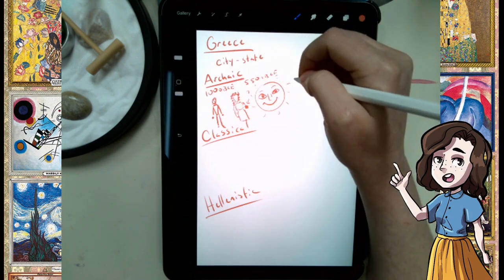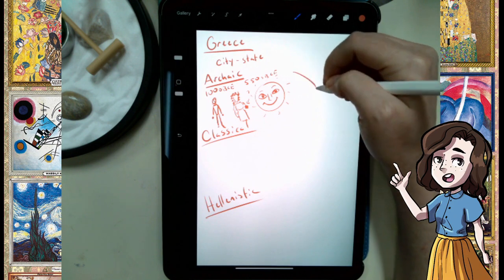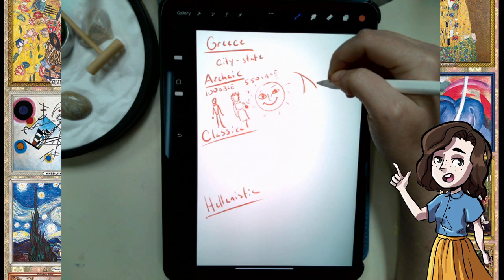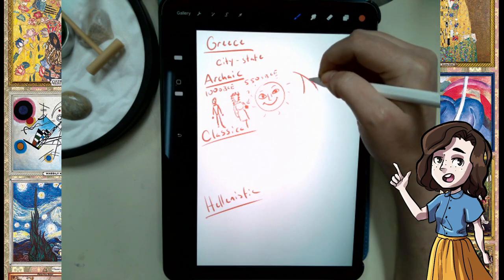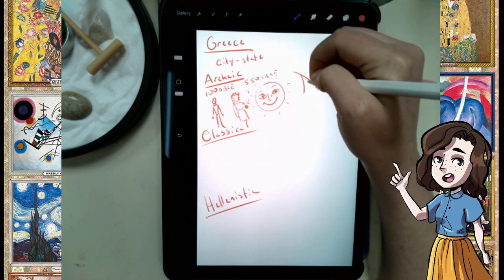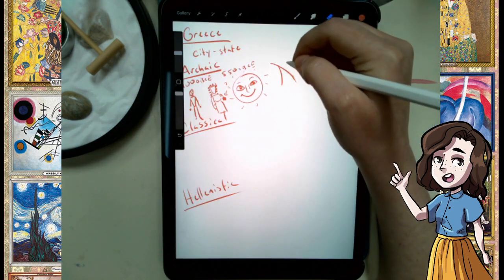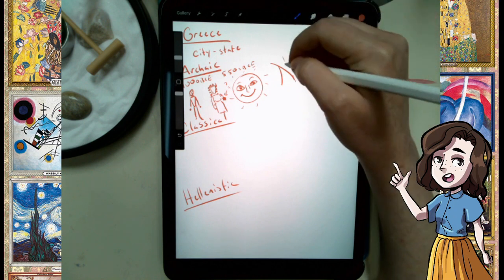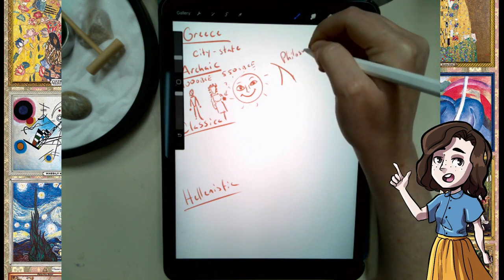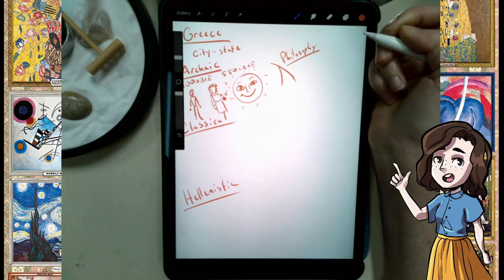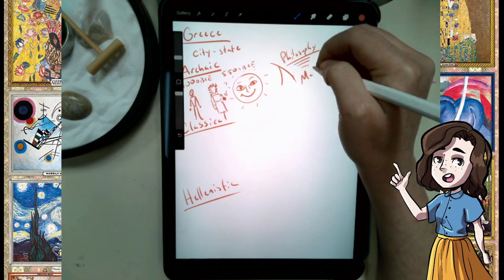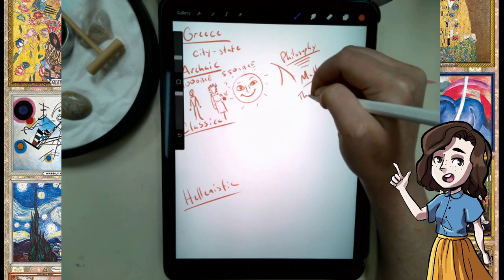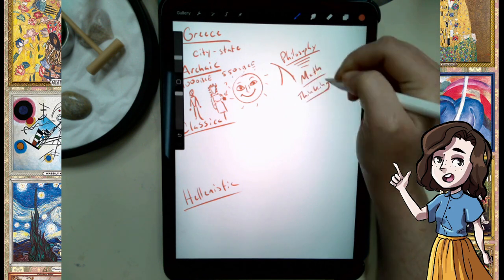We also get in the archaic Greek time period our agora. This does get added onto a ton throughout classical into Hellenistic. This is our walking and talking. So we have philosophy being talked about as a major thing, starting all the way in archaic Greece. Philosophy, philosophy, philosophy. They love philosophy. They love math. They love thinking. They love science.